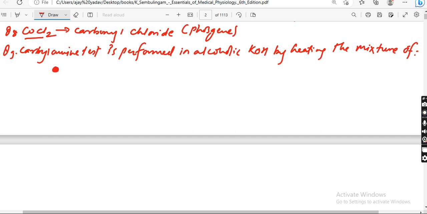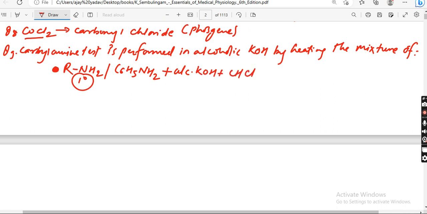Okay, we react a primary amine, this RNH2 should be primary, or you could use C6H5NH2, in the presence of alcoholic KOH with this chloroform, right? This will produce what?